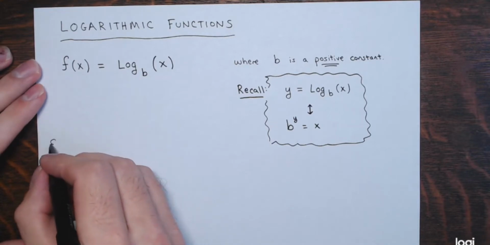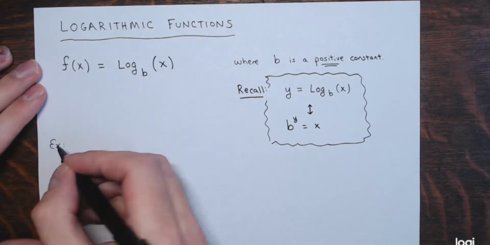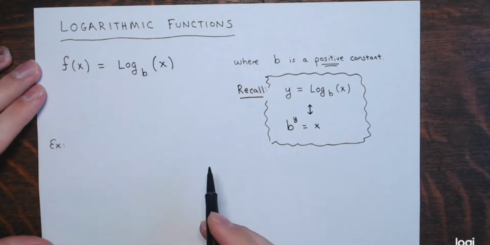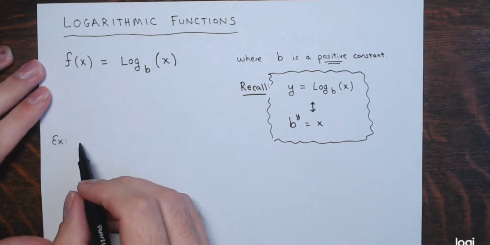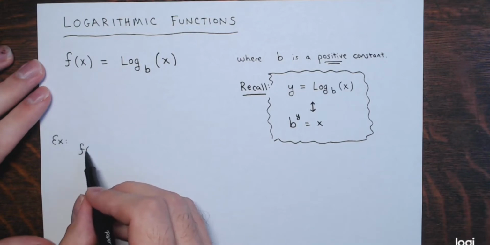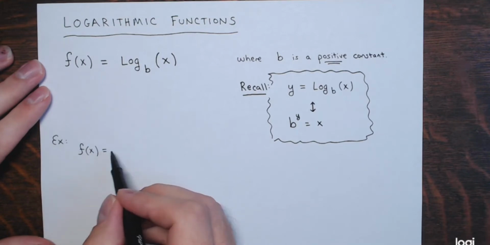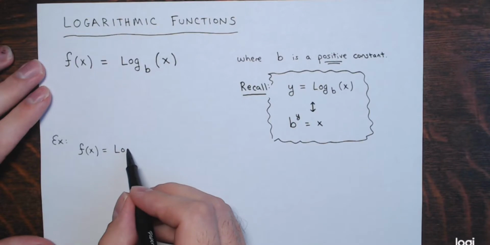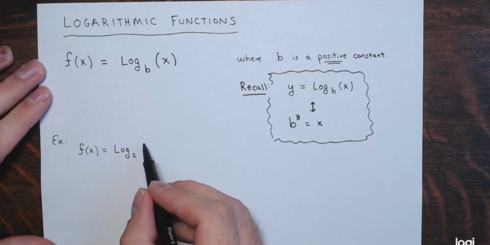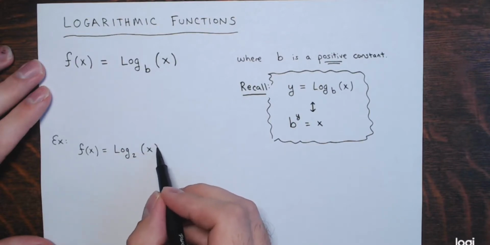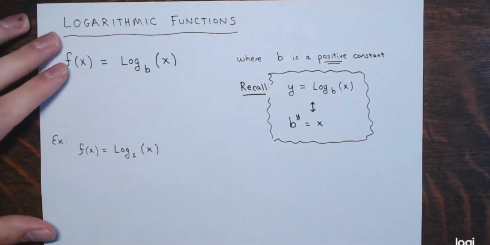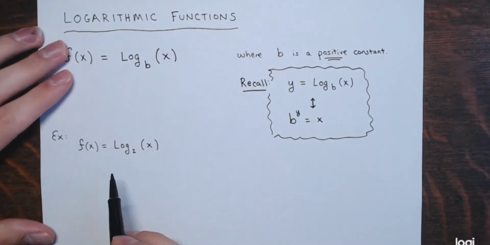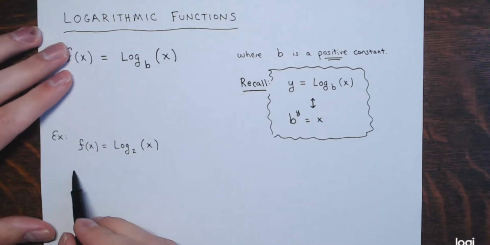So my first example of a basic logarithmic function, just the log base b of x, would be f of x equals the log base 2 of x. Log base 2. And then just like with any other function, I'm going to make an input-output chart.